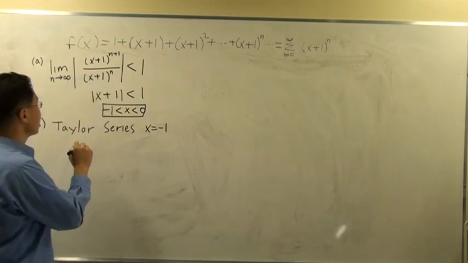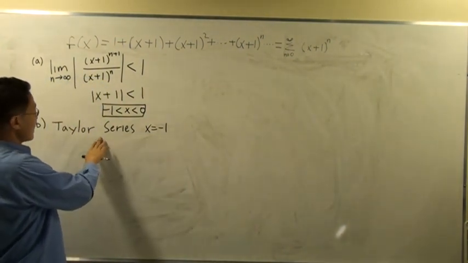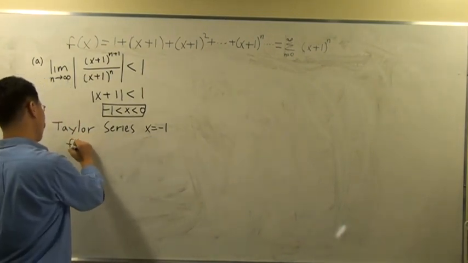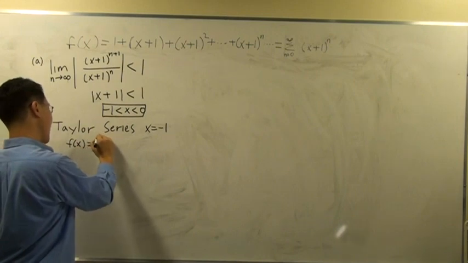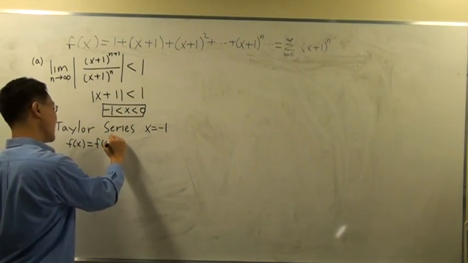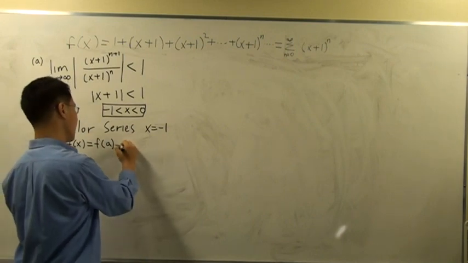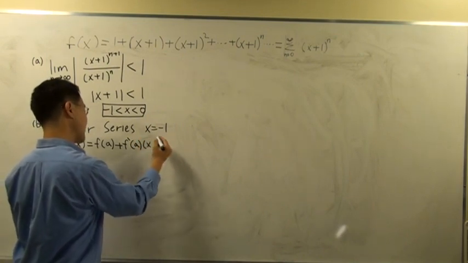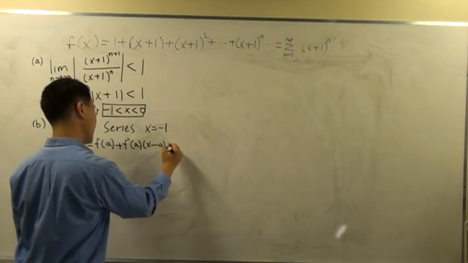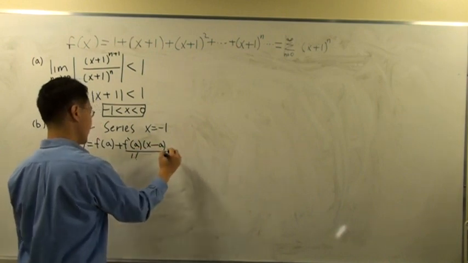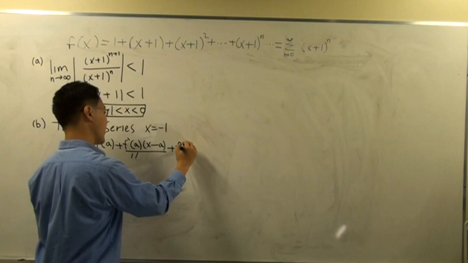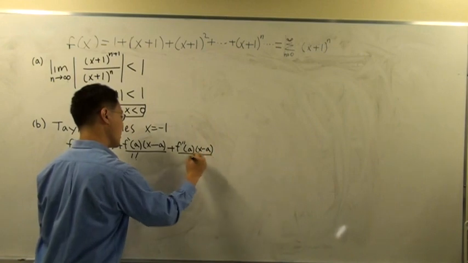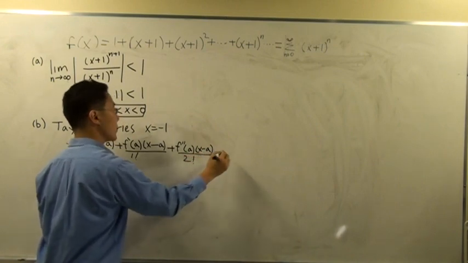So the Taylor series for a general expression is f of x equals f of a, some approximation point, plus f prime of a times (x minus a) over 1 factorial, plus f double prime of a times (x minus a) squared over 2 factorial, and so on and so on.